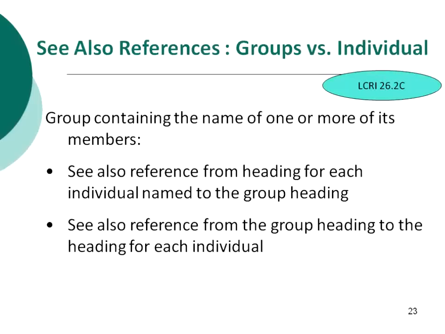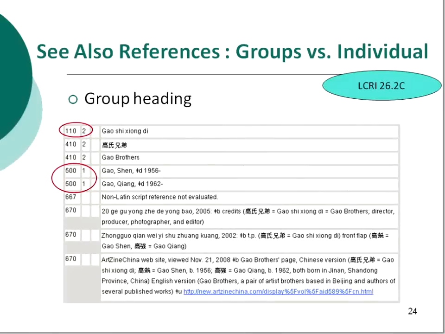In this case, the treatment for this type of heading is to provide a see also reference from the heading for each individual named to the group heading, and then, in the other authority record, trace a see also reference from the group heading to the heading for each individual. Let's take a look at an example so that you have a clear picture of how the rule is applied in this situation for groups versus individuals.